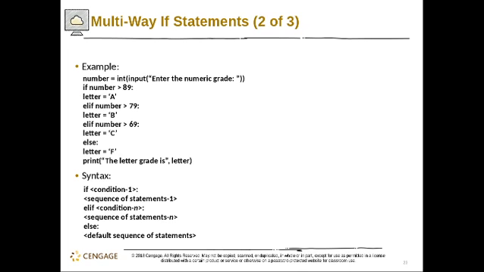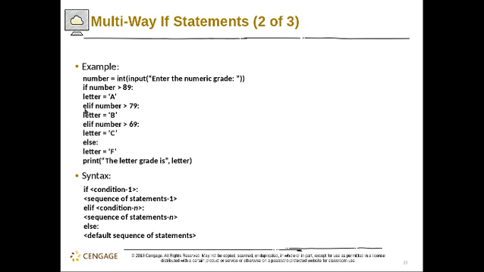So this is the elif. For example, you have the input, the numeric grade. You will input it in the variable number. So if the number is greater than 89, the grade is A. Basically the elif is just a contraction of else and if.